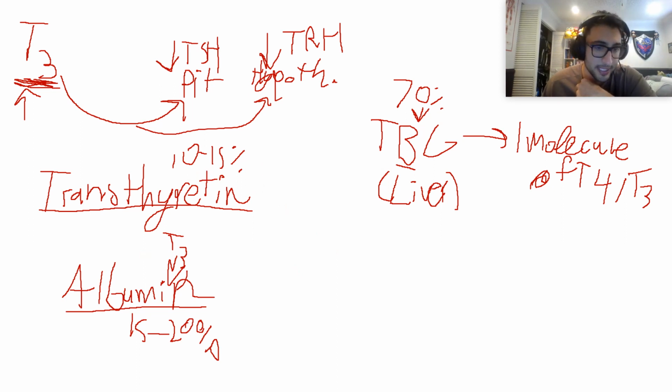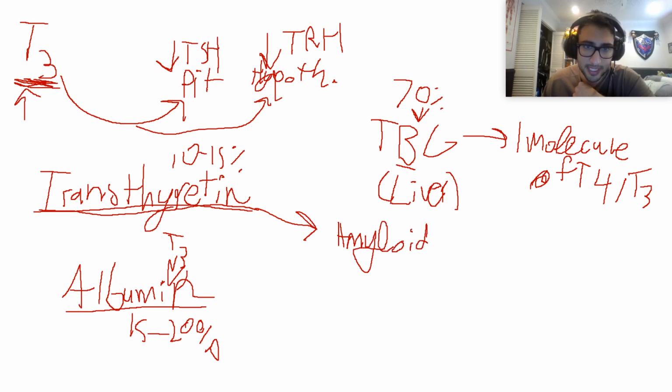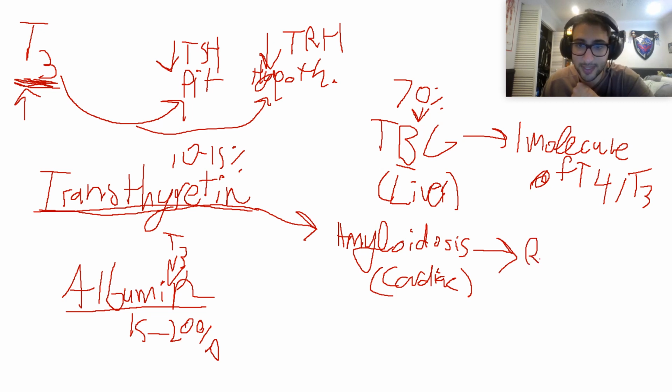And transthyretin can misfold and form amyloid, and this transthyretin amyloidosis, all right, this transthyretin amyloidosis can be cardiac, it can happen in the heart, and what it does is it interferes with the ability of heart muscle cells to contract, and that will cause a restrictive cardiomyopathy.